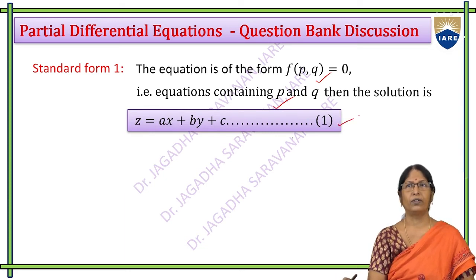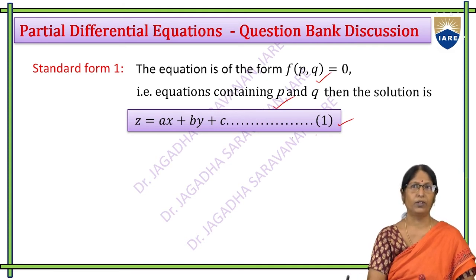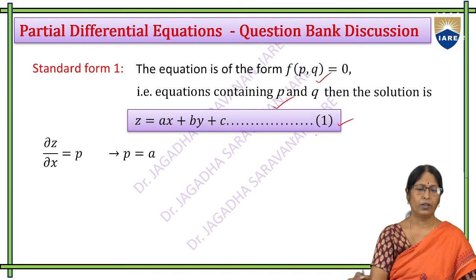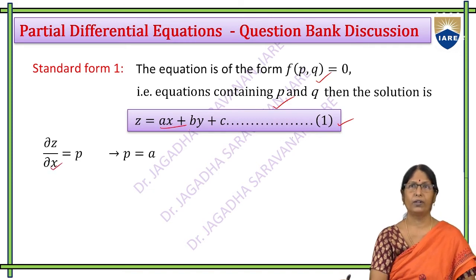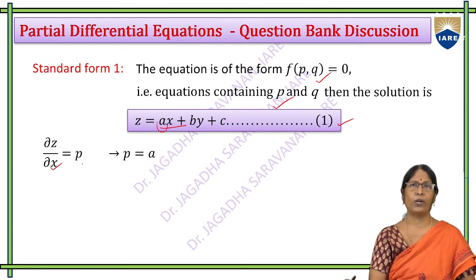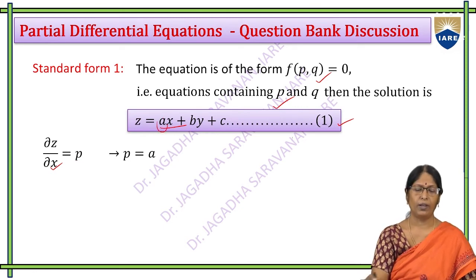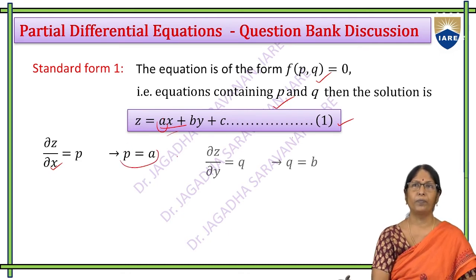If the given problem has only p and q, then this is the solution of that equation. Dou z by dou x is p, and according to equation 1, p equals a.